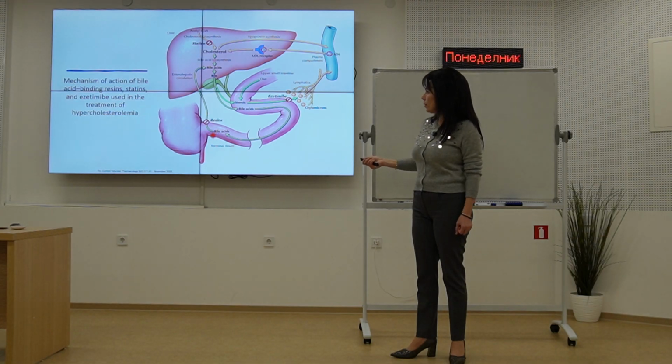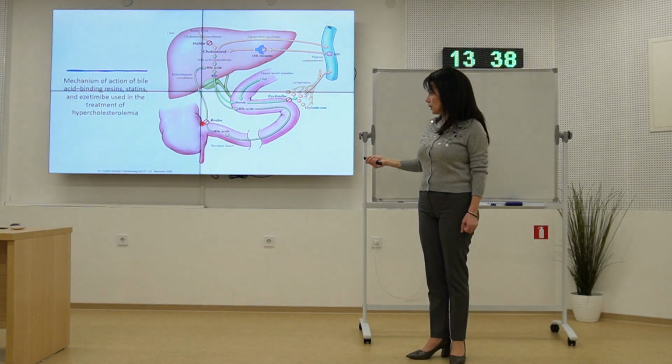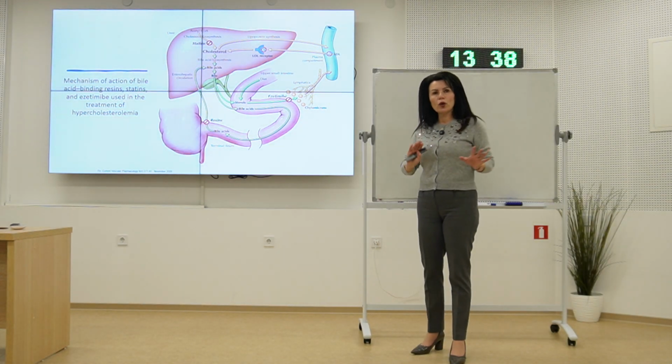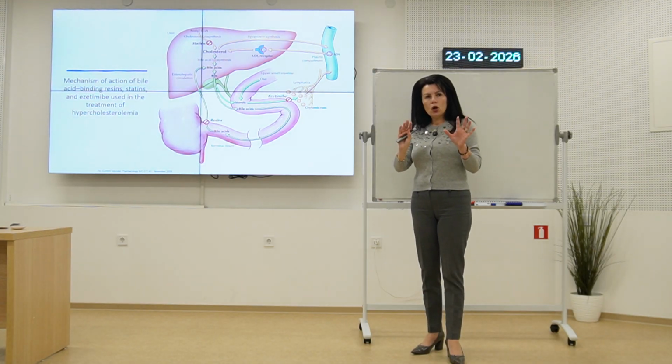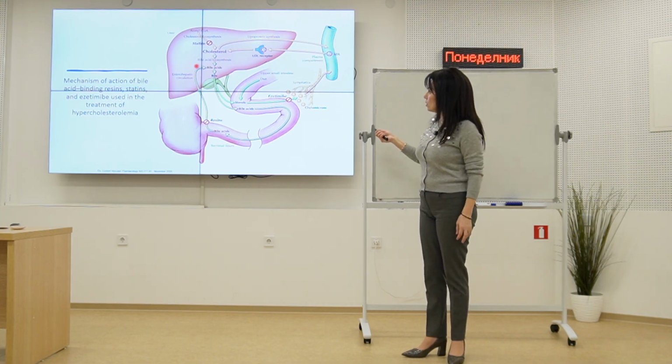This is called enterohepatic circulation. If this circulation could be stopped thanks to different drugs, there is no return back to the liver of secondary bile acids.